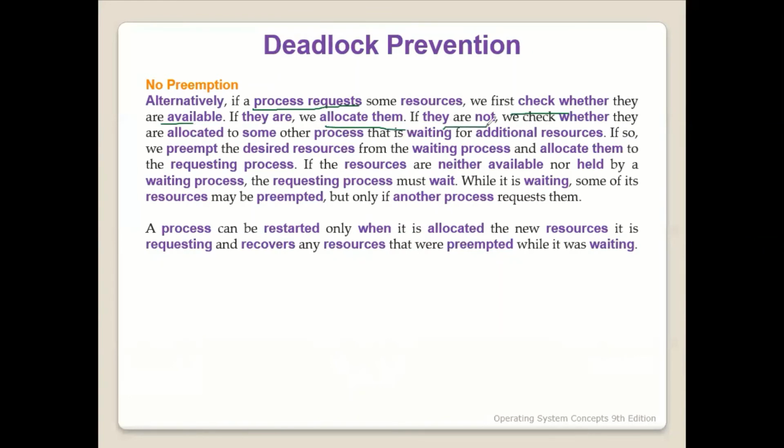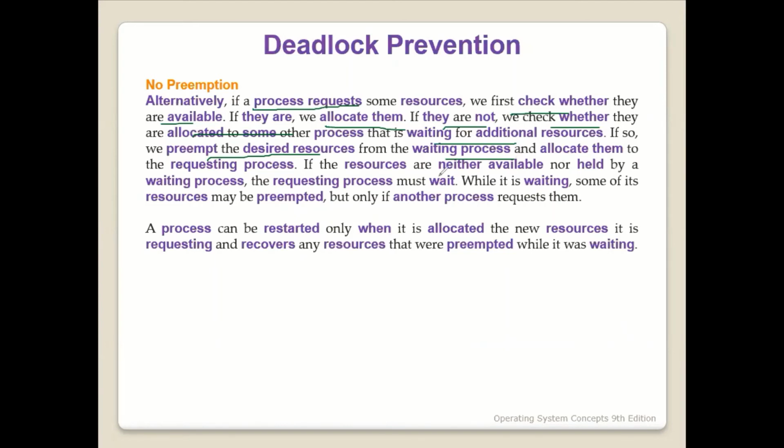If the resources are not available, then check whether they are allocated to somebody else who is waiting for additional resources. In this case, we need to preempt the desired resources from the waiting process. Whichever process is waiting for a resource has to release all the resources allocated to it previously.